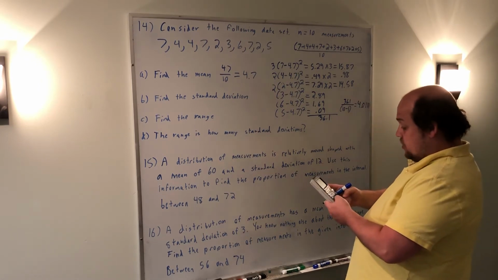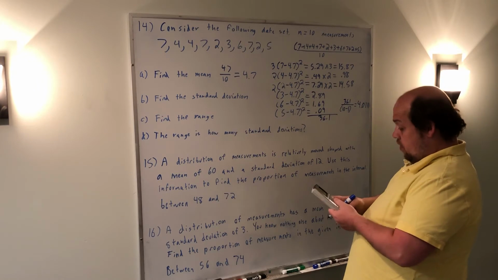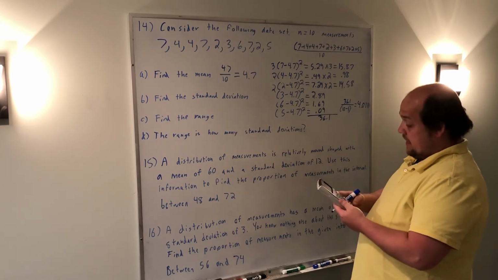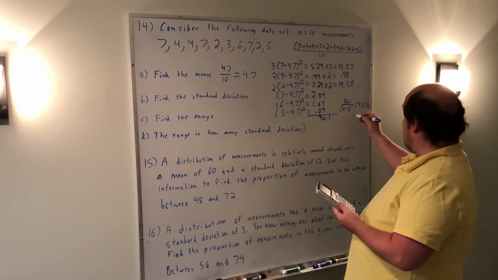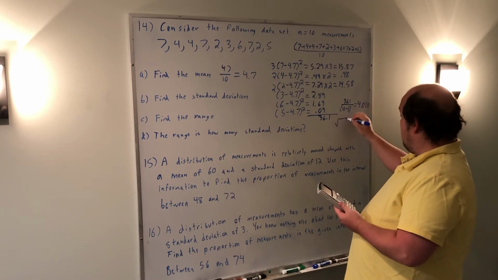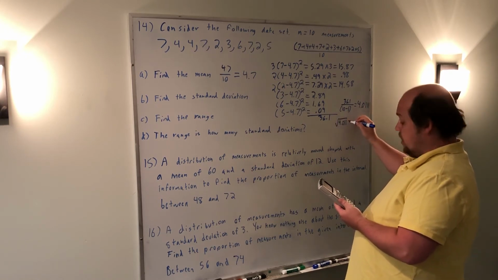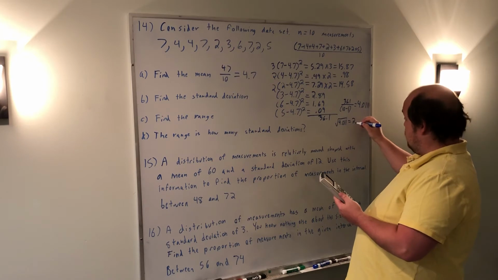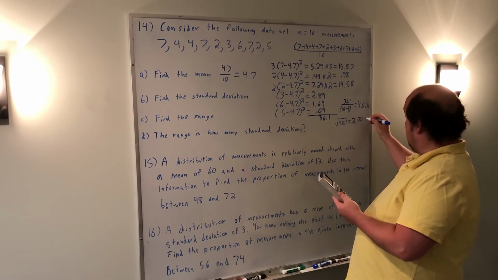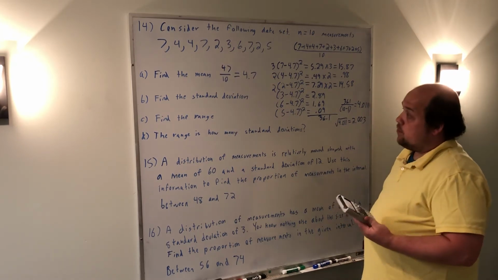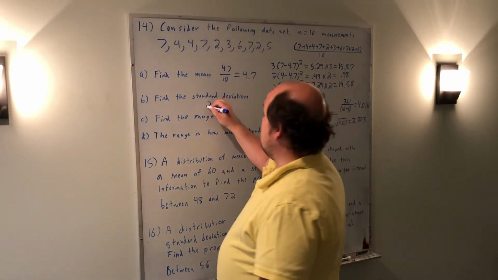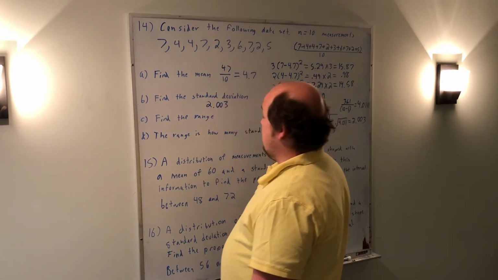If I then take the square root of that to go from the variance to the standard deviation, I get that the square root of 4.011 equals 2.003. So I'm going to put as my standard deviation 2.003.